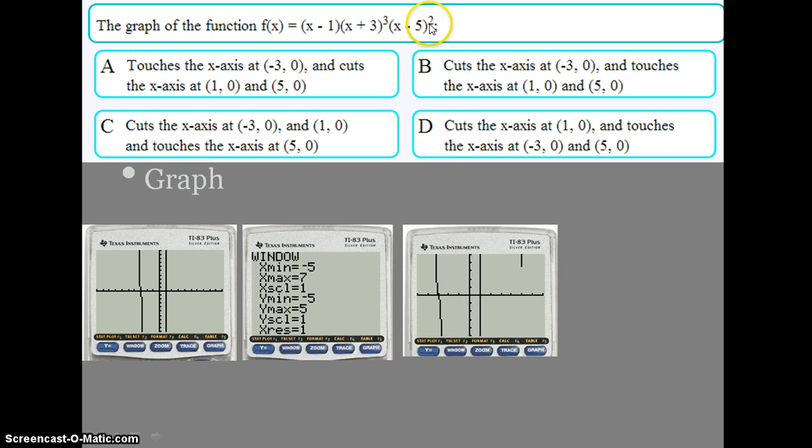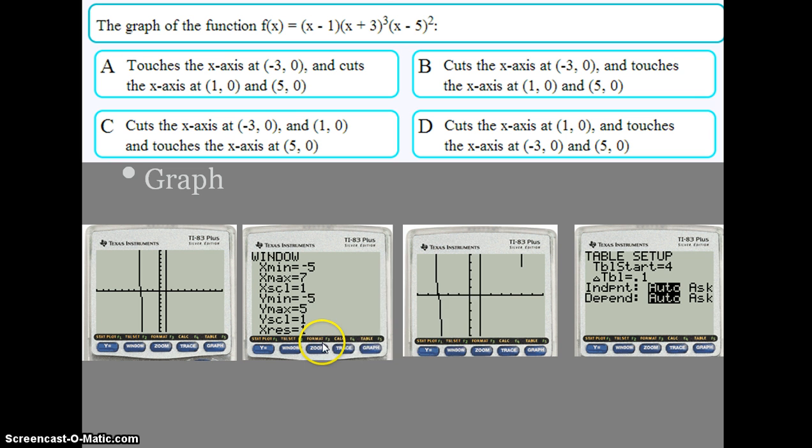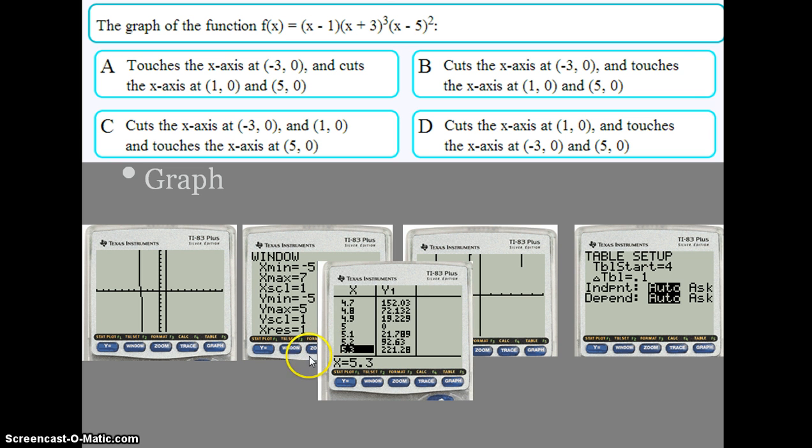But at x equals 5, we should be looking quadratic, and unfortunately our calculator has not provided us an option that looks quadratic. So I went into my table to get a view of what's happening at x equals 5. I made my table setup this time again using second window. I made it automatic this time and looked near 5.